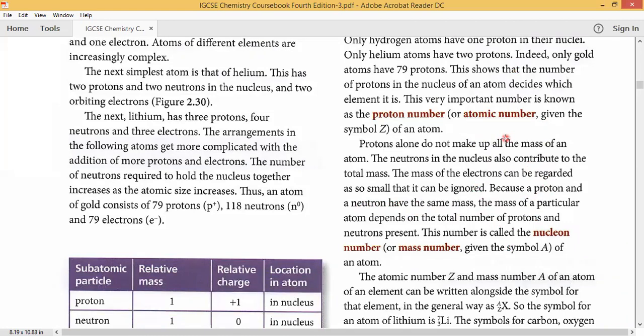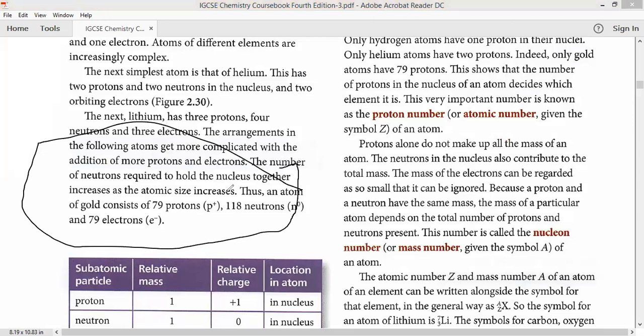But what's important is that you understand the proton number for any atom also tells you the number of electrons at the same time. For example, take a look at this example given over here of gold. As you can see, this one is 79 protons with a symbol small p with a positive sign showing its charge.